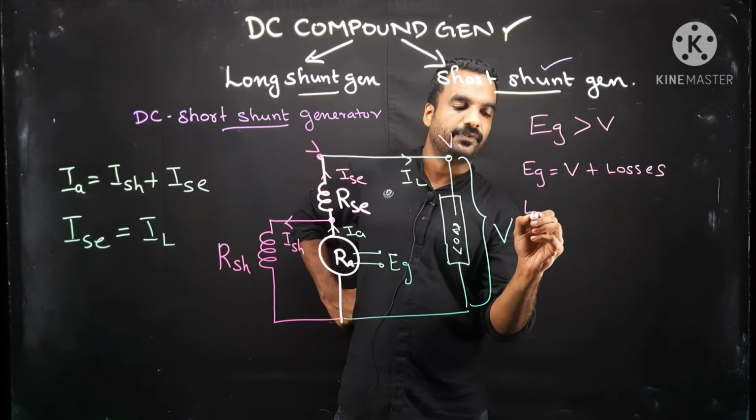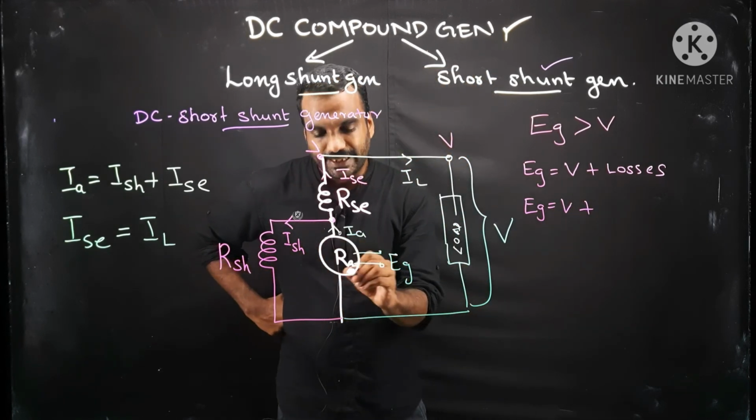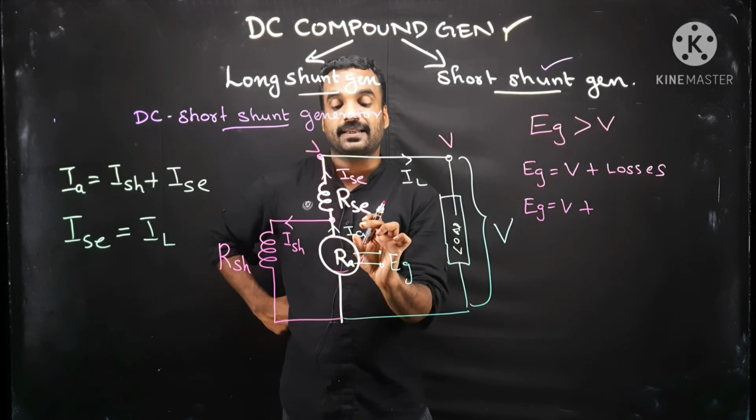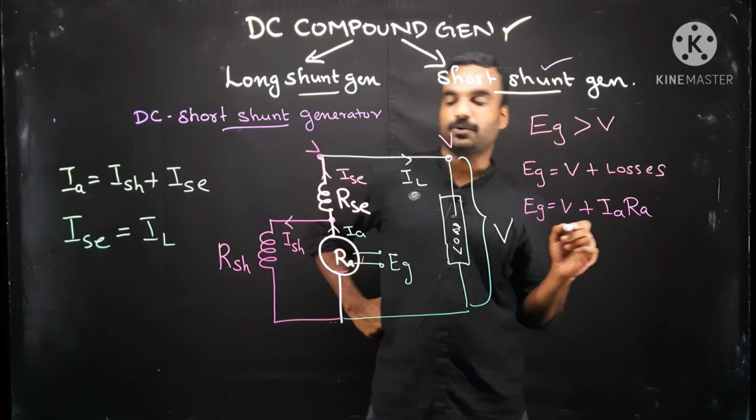What are the losses in between EG and V? EG is equal to V plus. First loss is here in the armature winding. Armature winding has a resistance RA and current is IA. So first loss is IA RA, armature winding loss.